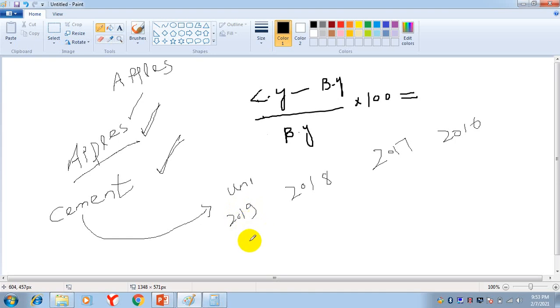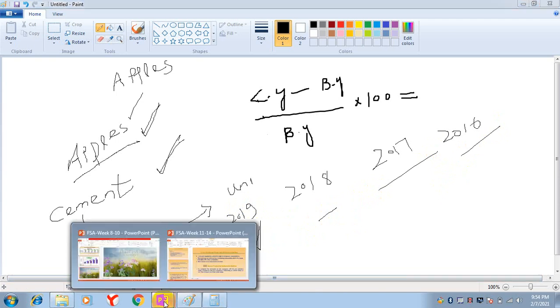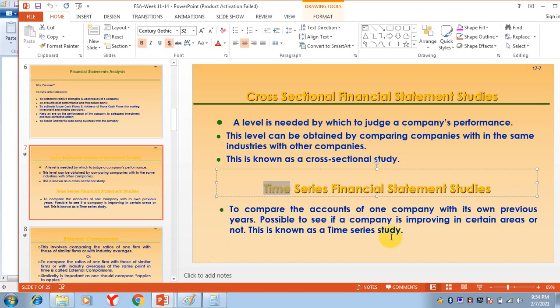So comparing the 2019 performance with 18, with 17, with 16. Comparing your present performance with your past performance. This is called time series financial statement analysis.